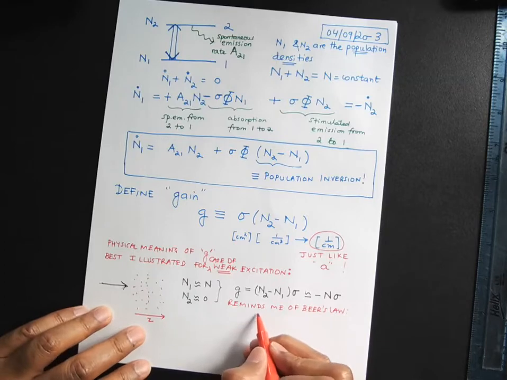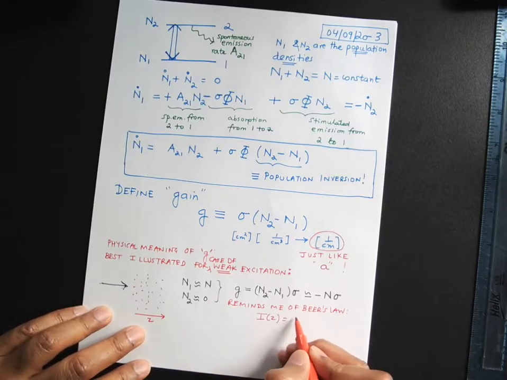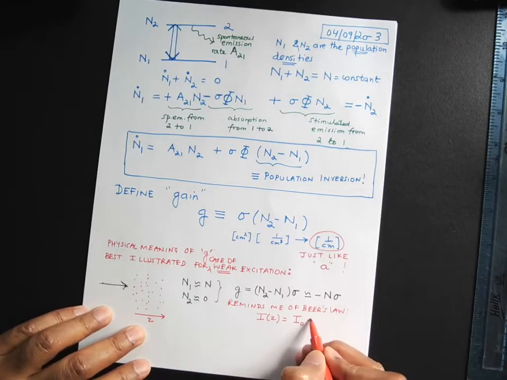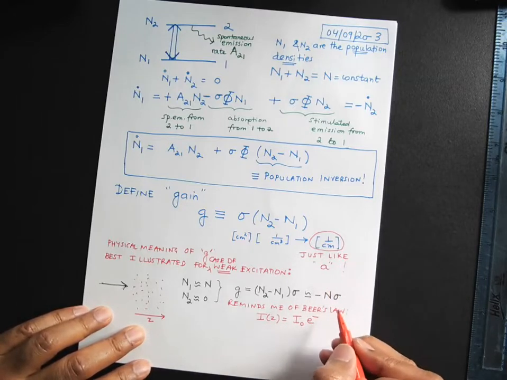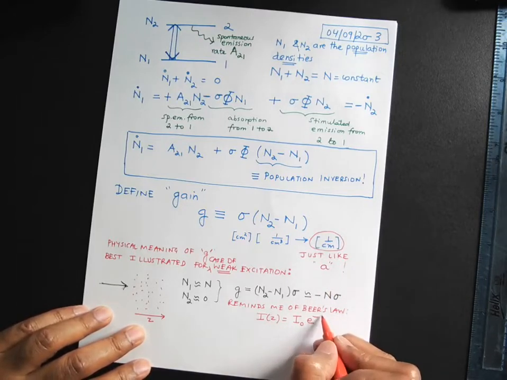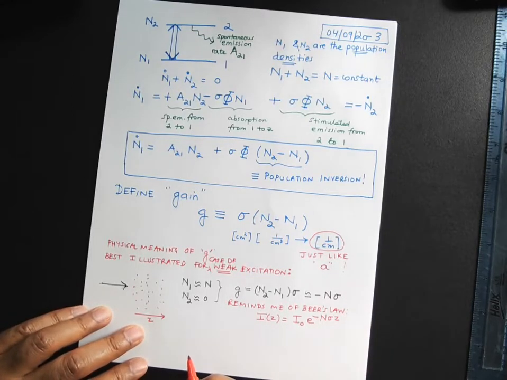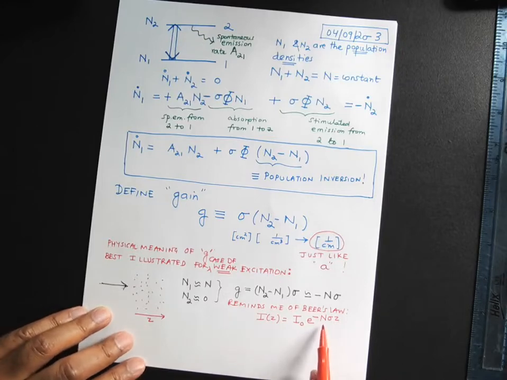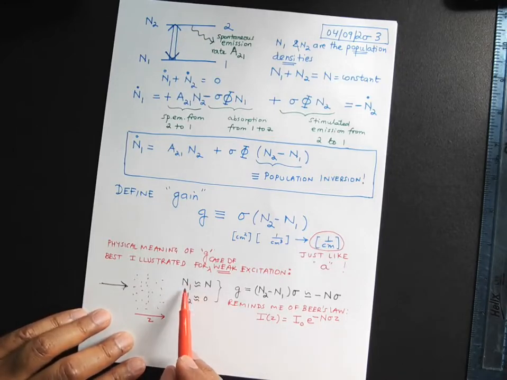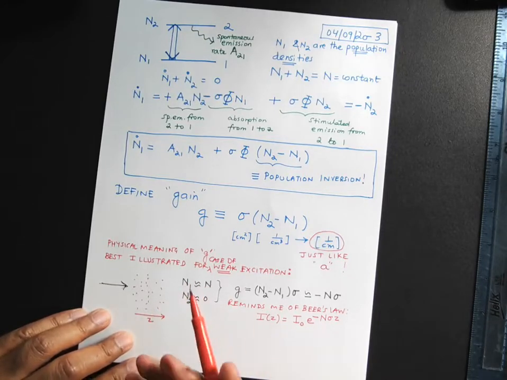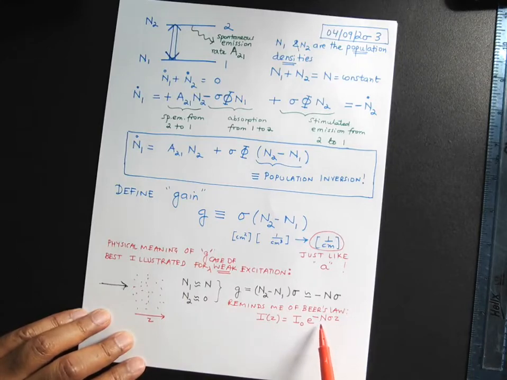Beer's law said the intensity at Z is the intensity naught e to the minus A Z, right? And A is N sigma. Okay? So exponential attenuation, because most of the atoms are in the ground state, they're all absorbing, there's exponential attenuation.